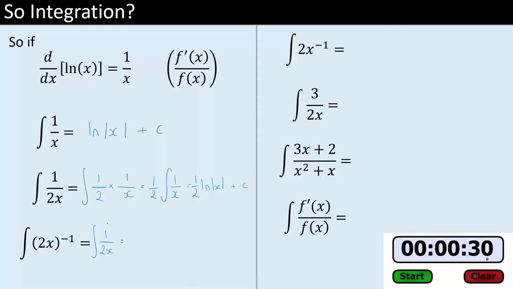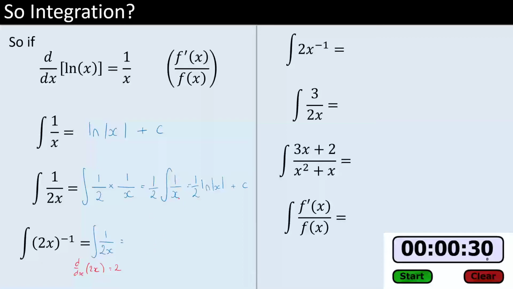Differentiate the bottom, get the top. But it doesn't quite work. If I differentiated 2x, I get 2, not 1. It's like saying I've got 2, I want 1. What am I going to have to do?